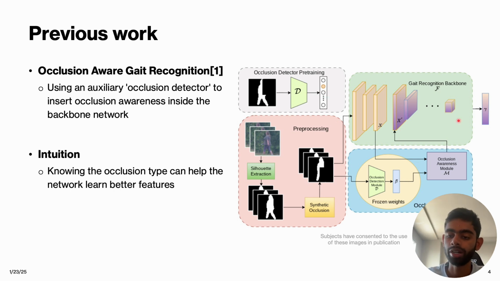Then when they are training the gait recognition backbone, they use the same occlusion detector D and insert this occlusion relevant information inside the gait recognition network. So the gait recognition network becomes occlusion aware, and they show that it helps generate better features.